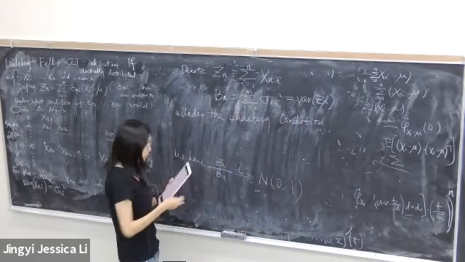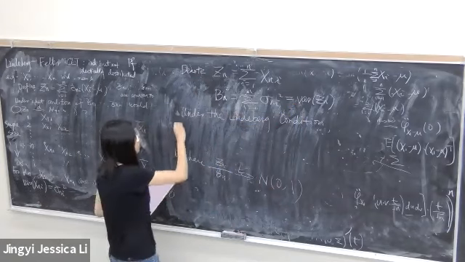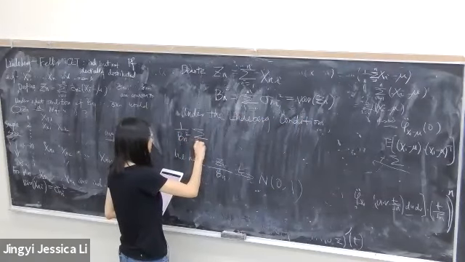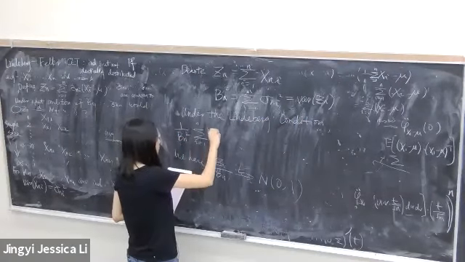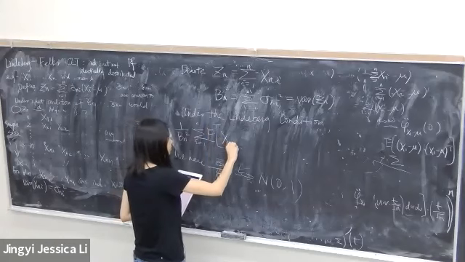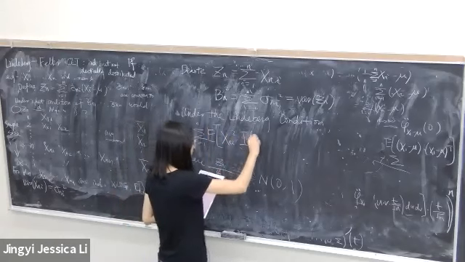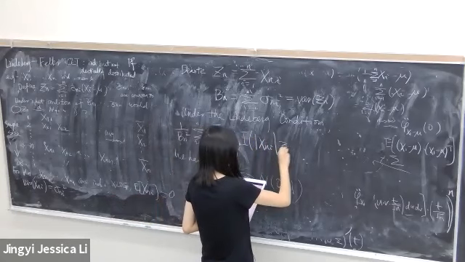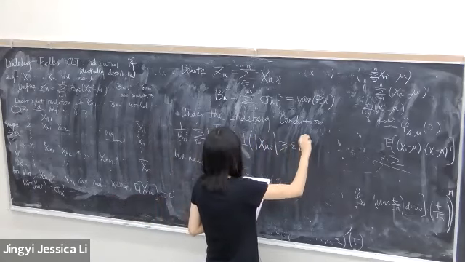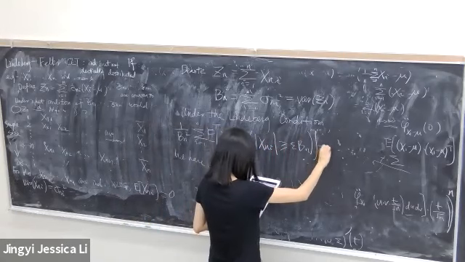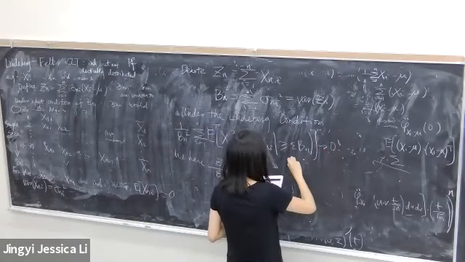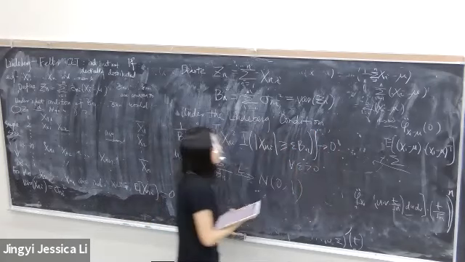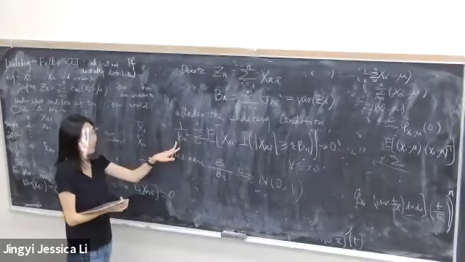But what's the Lindeberg condition? It's actually written in this way. B_n squared... for any... So the condition is stated in this way.